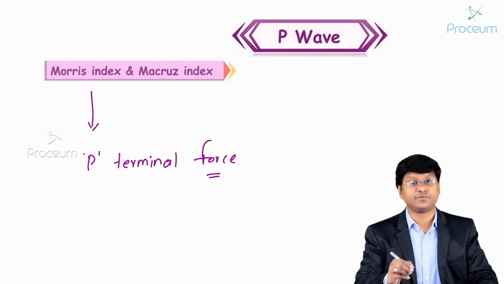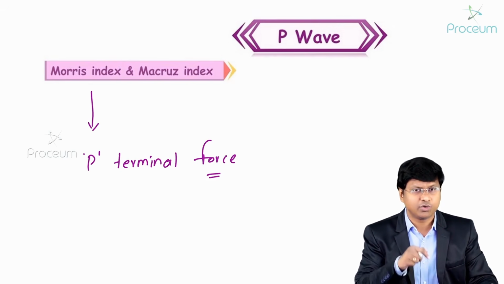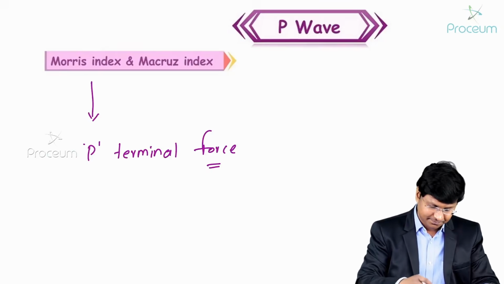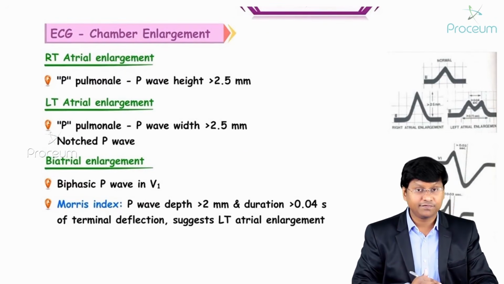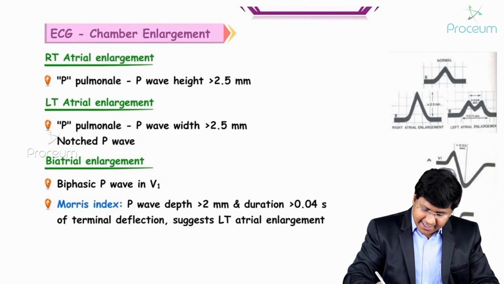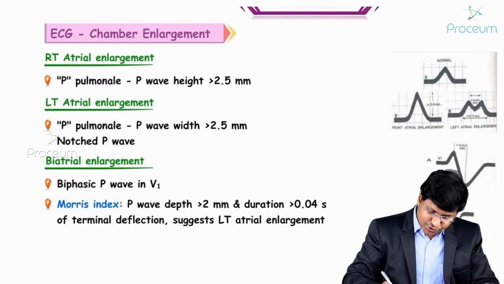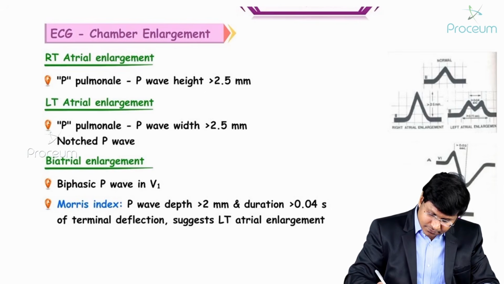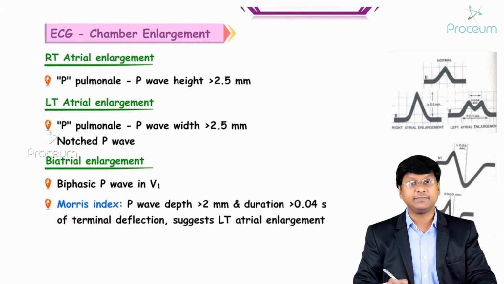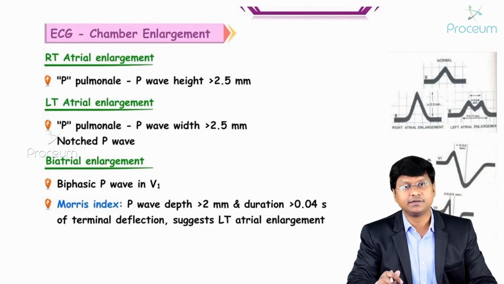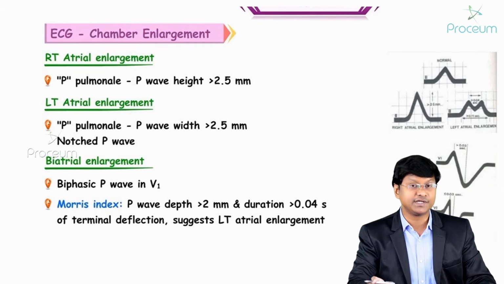That means the criteria is: in lead V1, the second half of the P wave should have a depth of 2 mm or more, and the duration of the second half of the P wave should be more than 40 milliseconds. That is your Morris index.